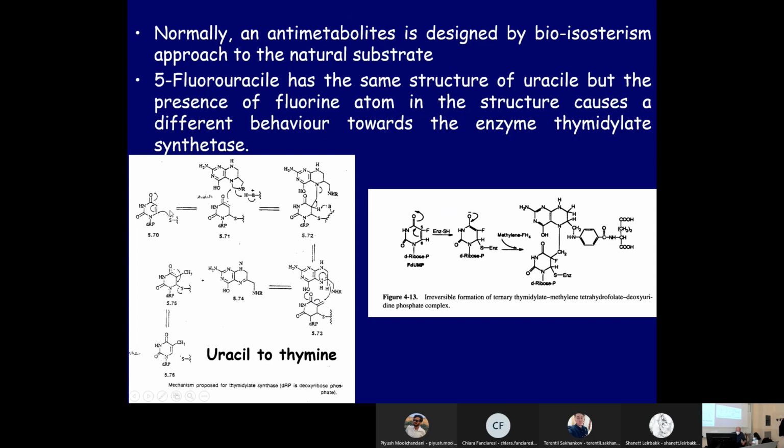We start from uracil, and the final product is thymine. There is only one methyl group of difference. So there is a specific pathway able to introduce a methyl group on the backbone of uracil.